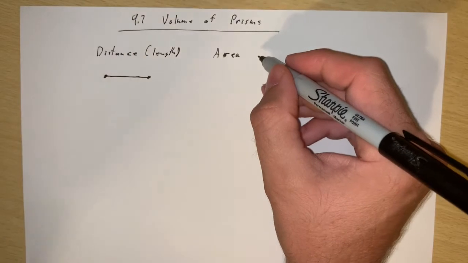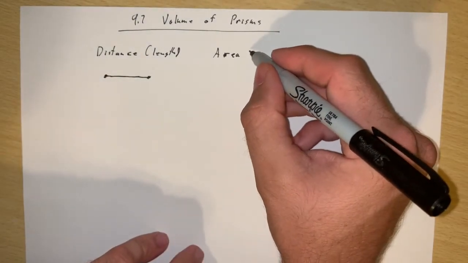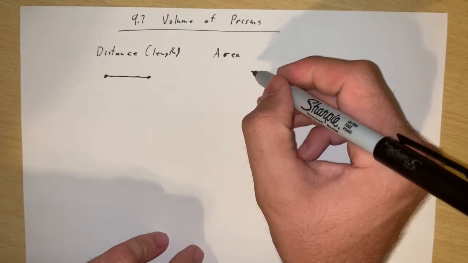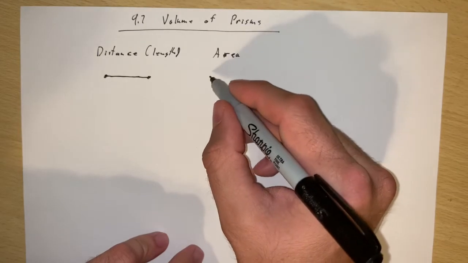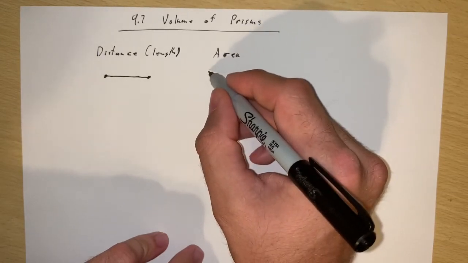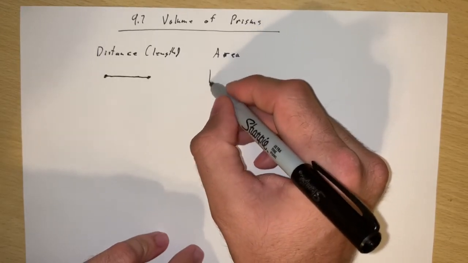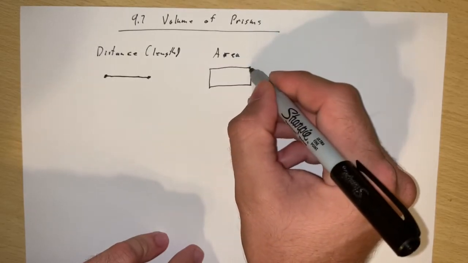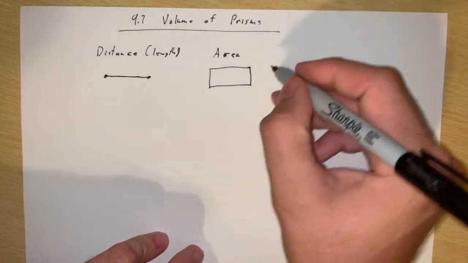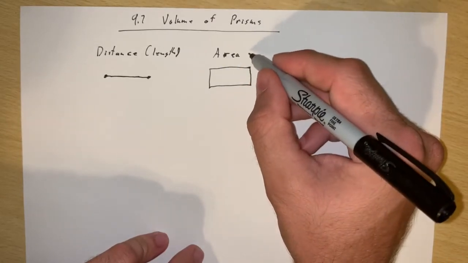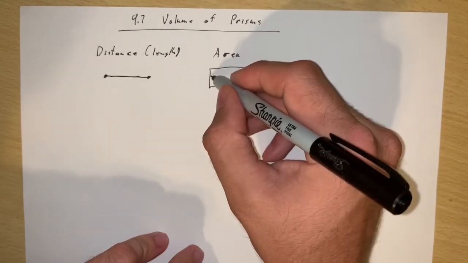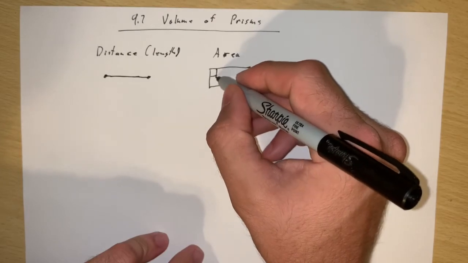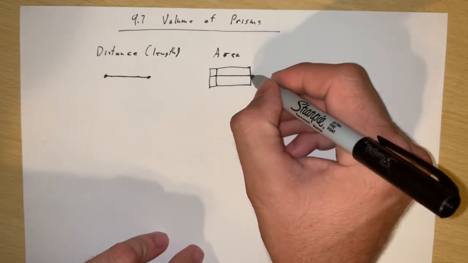Area is number of squares, number of square units to fill a space. So if we have, say, a rectangular space, we want to find out how many square units fill that space. So it might look something like this.